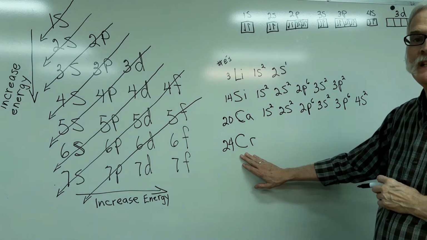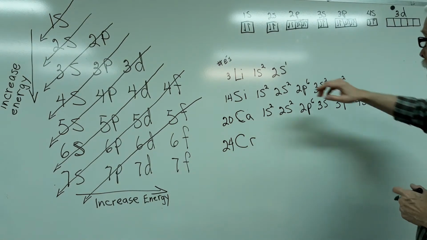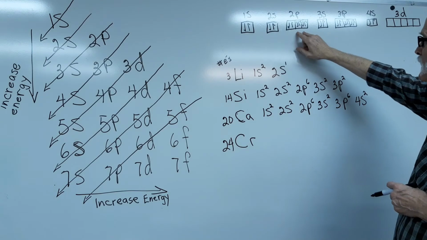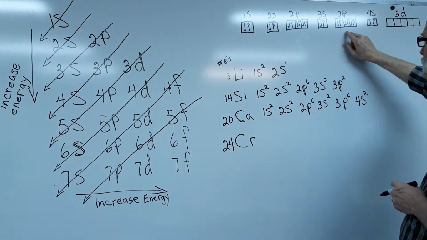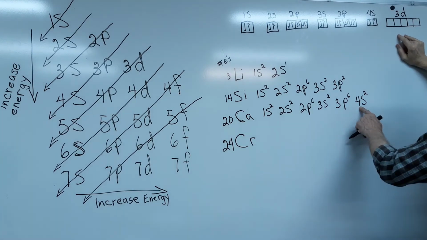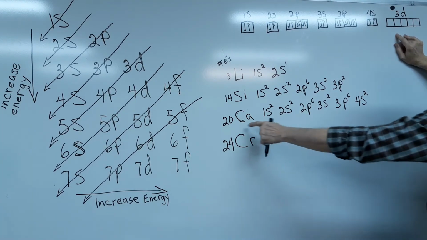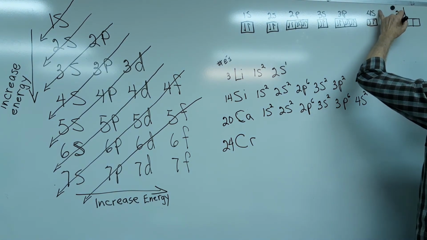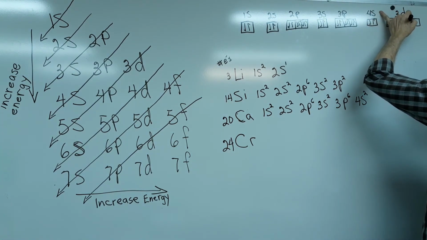Now, let's try another one. Chromium, 24. Okay? So we've got 1s2, 2s2, 2p6, 3s2, 3p6, 4s2, and we need 4 more electrons because this is 20, this is 24. What's going to happen? 1, 2, 3, 4.